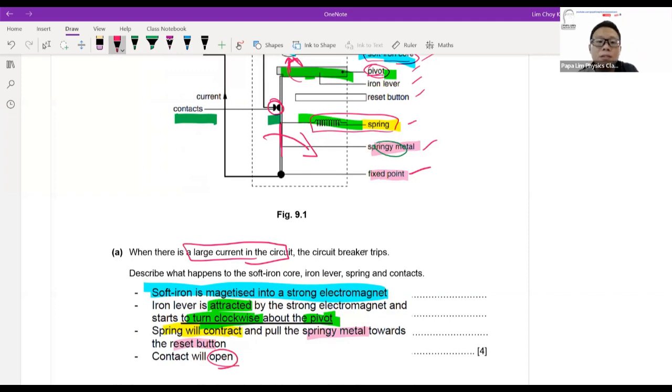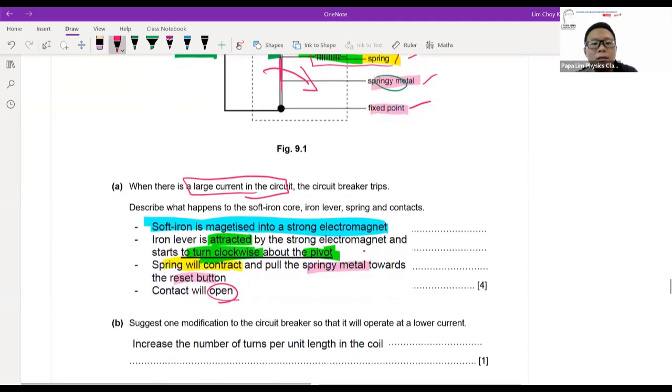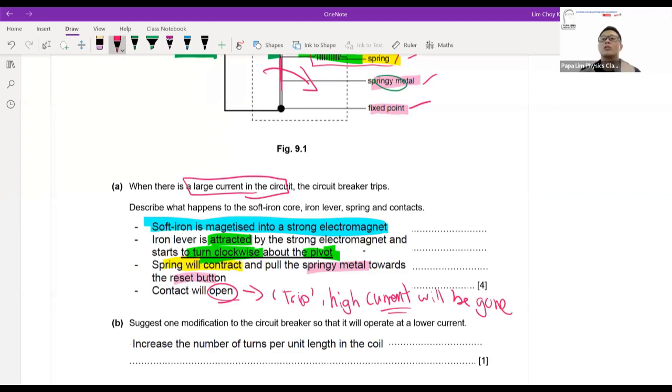As a result, when the circuit is open, the breaker will trip, and the high current will disappear. The device will be disconnected. So the high current will be gone, and this is how I break the circuit, or disconnect the appliances from high voltage.